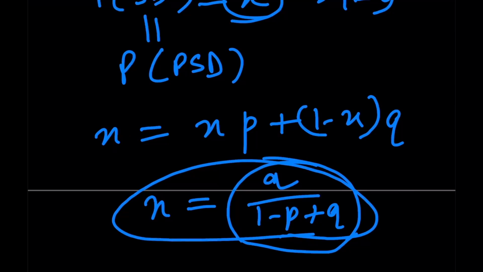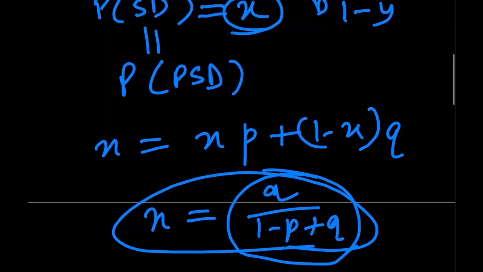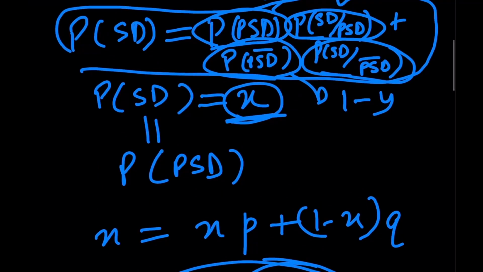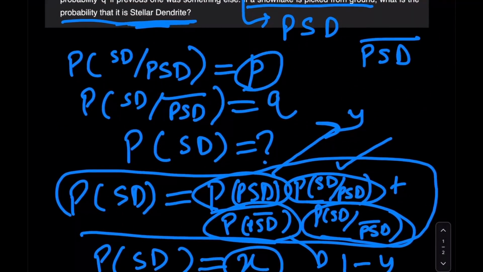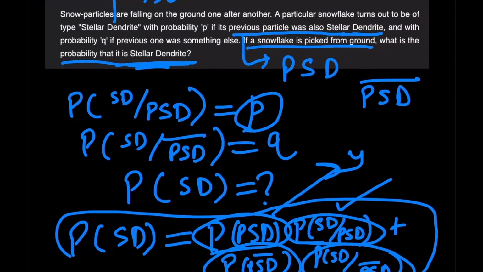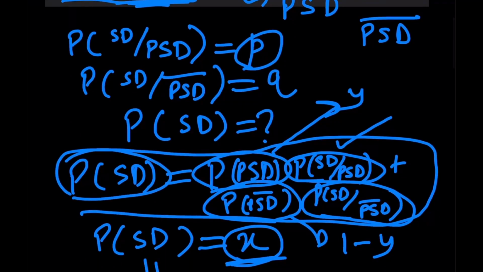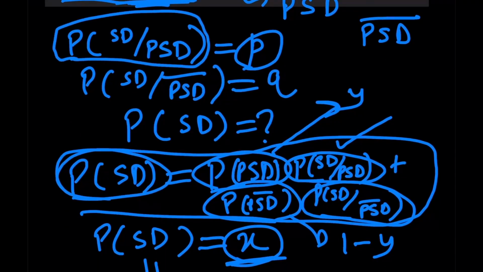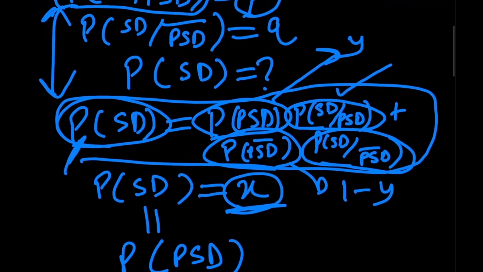One doubt that you guys might have is that you might be confusing this x with the value p over here. This is a doubt a few people have in this problem, that they start to confuse the probability of picking up a stellar dendrite with the probability of picking up a stellar dendrite given the previous snowflake was a stellar dendrite. These are two completely different events and have no relation. So don't plug in this value as p.